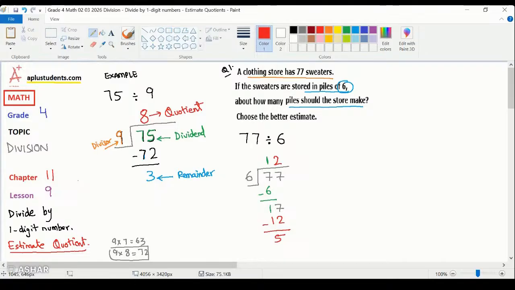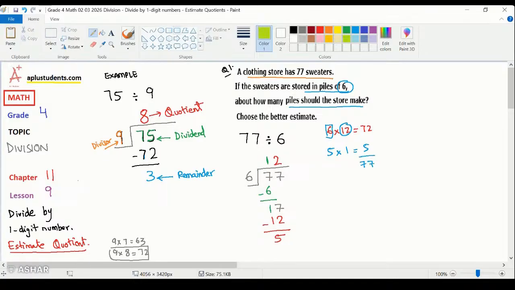That means 6 times 12 is 72. There were 12 piles which had 6 each. But 5 was the remainder. That means these 5 also have to be put in a pile. The total would be 77.